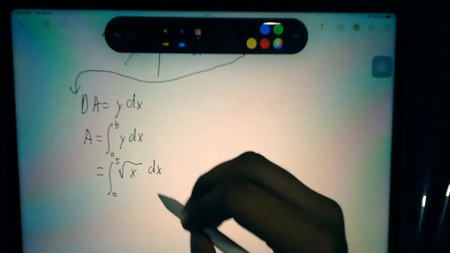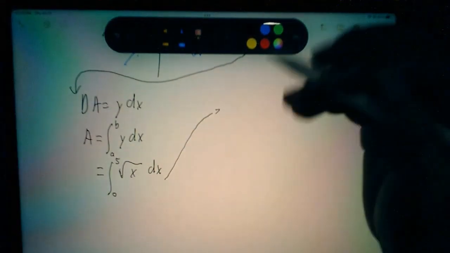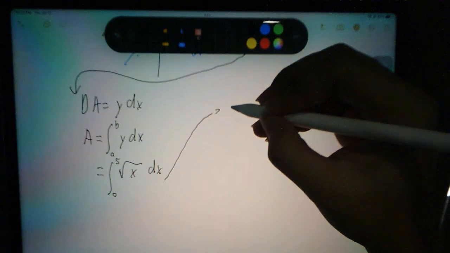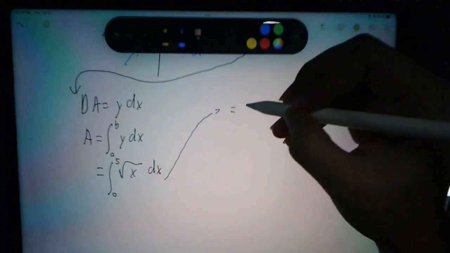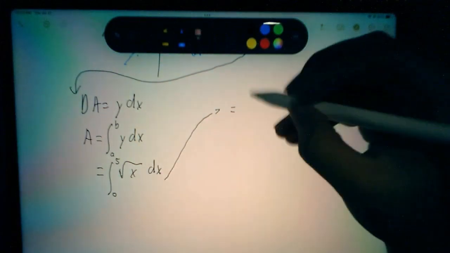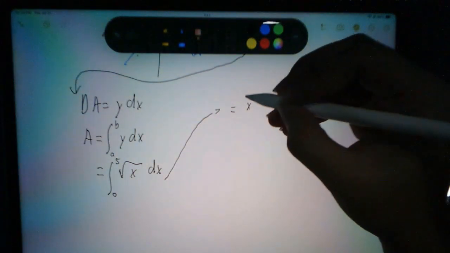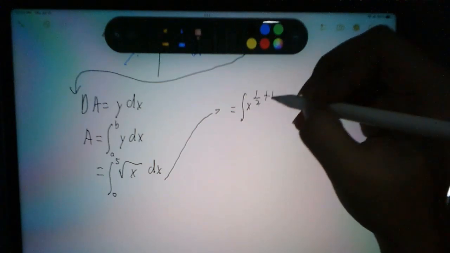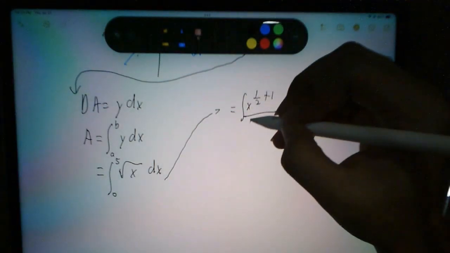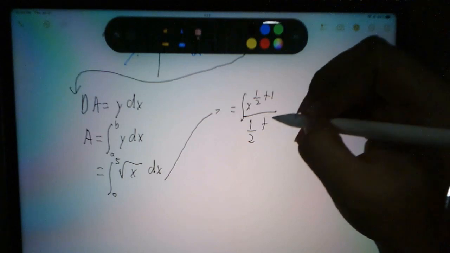So now let's put it here. Our answer for this problem, now we're going to integrate it, is, let's change the square root first. So x raised to 1/2 plus 1 over 1/2 plus 1.